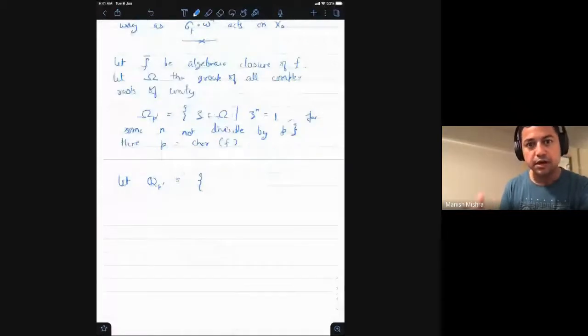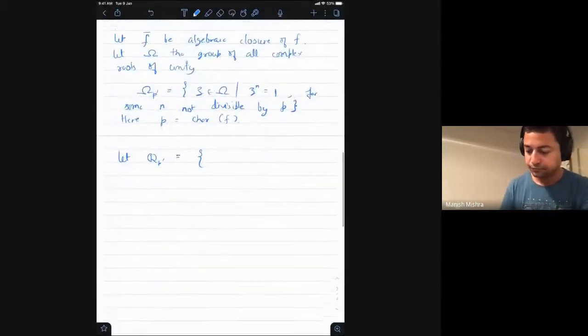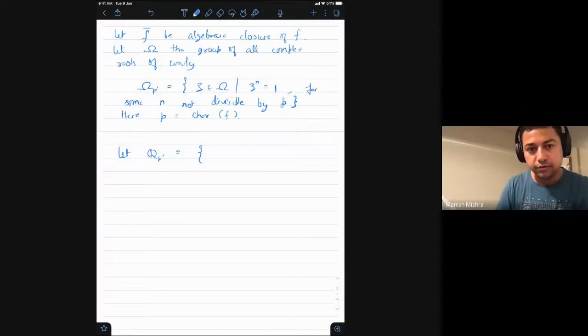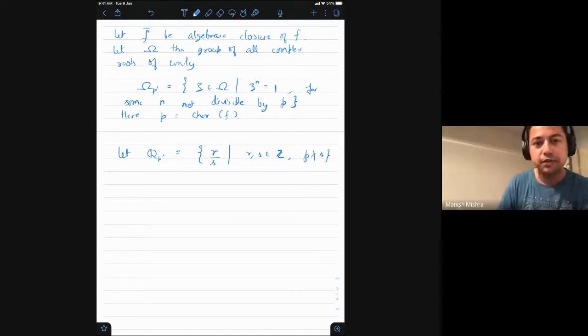First I need to identify some fields. So write Q_p prime as the subgroup of the rationals R by S, with R, S integers, p does not divide S. So this is a subgroup of the additive group of rationals.